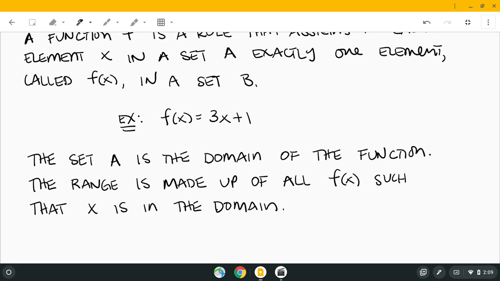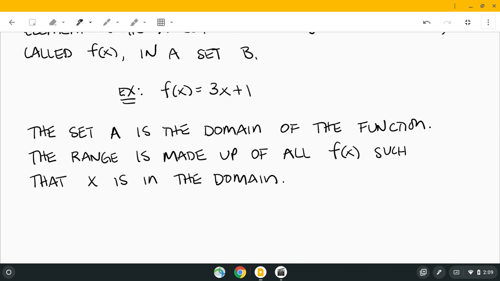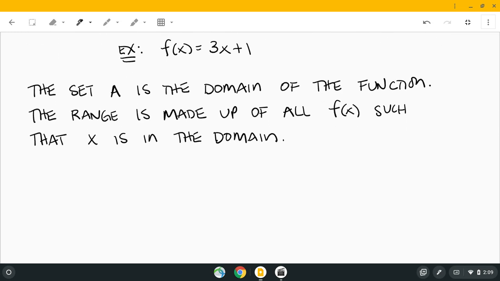So if you plug in all of the x's in the domain, whatever the results are create the range. So if it's not possible to get 0, then 0 would not be in the range.